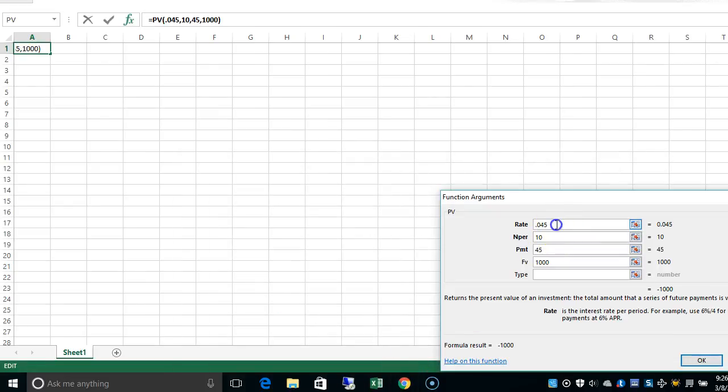So if we say the price was not 9% but 8%, notice the price of our bond goes up to $1,040 instead of $1,000. So we're going to have to pay more because our interest rate that we require in the market is paying less.